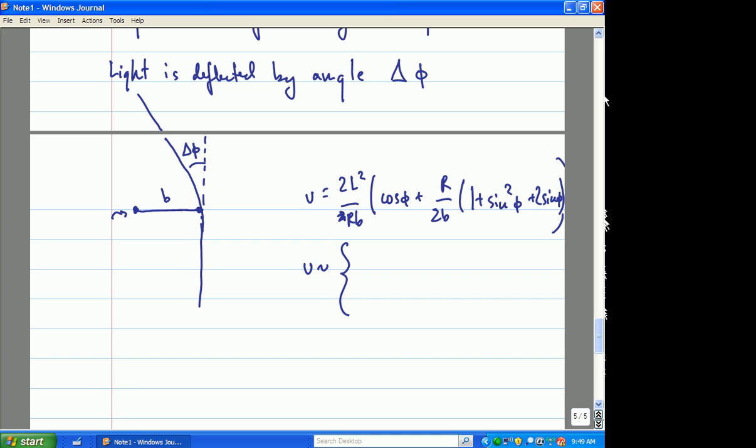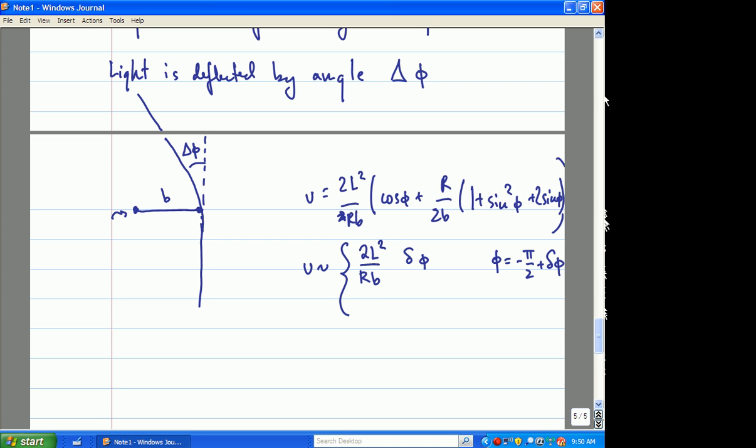So if you let phi be very close to minus pi over 2, then u goes like 2L squared over RB times delta phi, if phi is equal to minus pi over 2 plus delta phi. That's just because when phi is equal to minus pi over 2, r is very large, and we haven't even gotten anywhere near our massive object yet. And so we just have that cosine phi term, and cosine phi has a first order zero at phi equals minus pi over 2. So that's just the usual statement that this trajectory will begin at phi equals minus pi over 2.